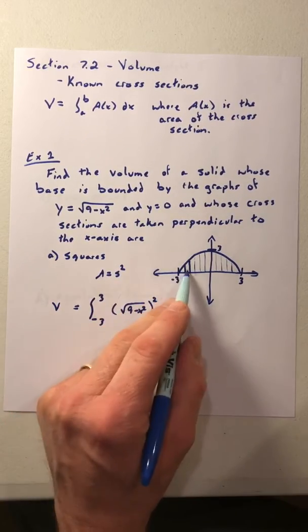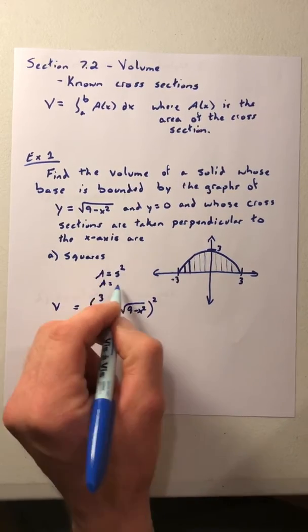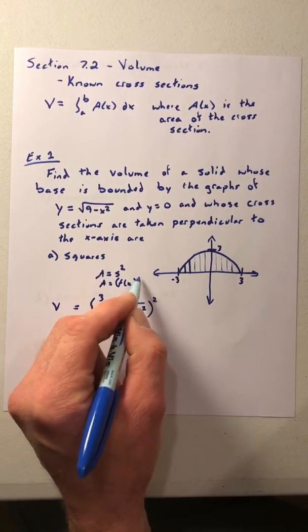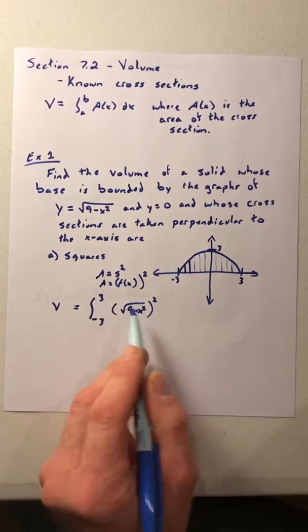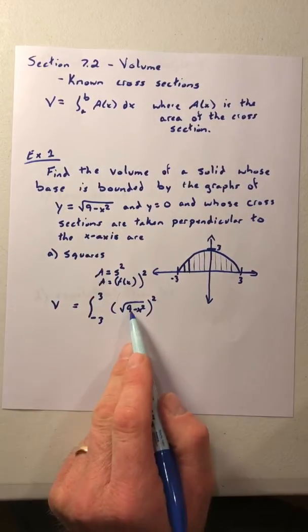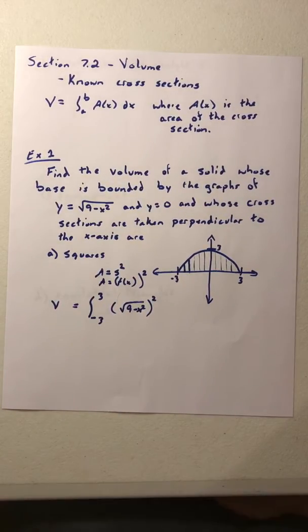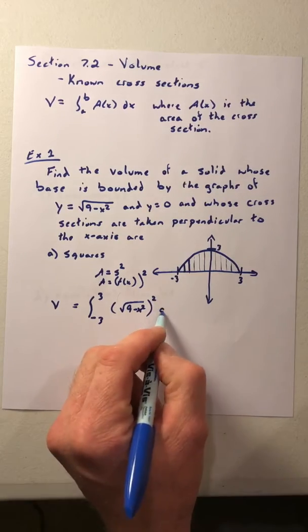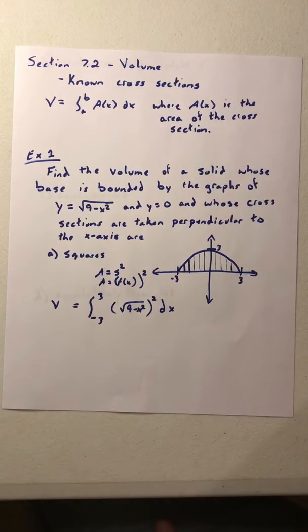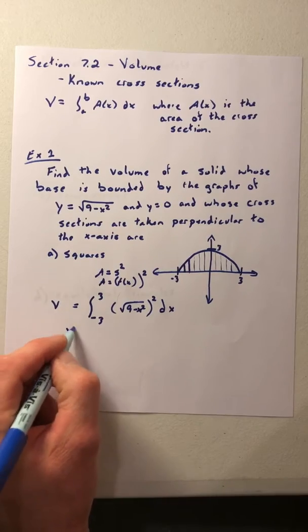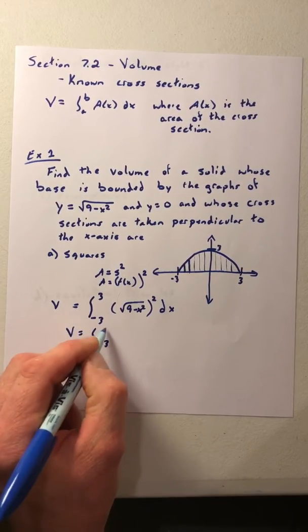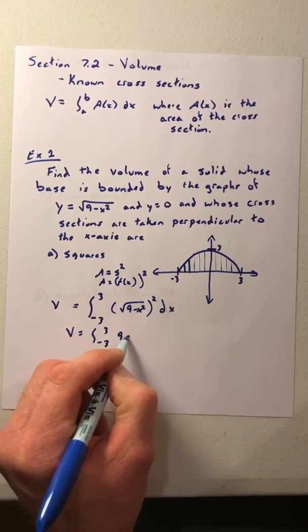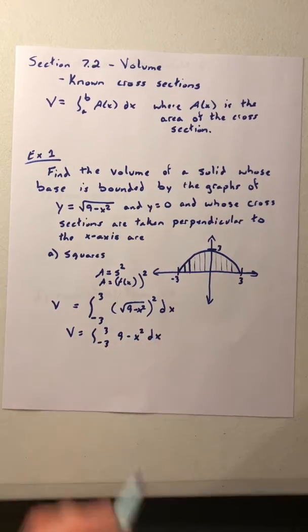My side in this case is my function, so my area is f of x squared, and f of x in this case is the square root of 9 minus x squared. I'm in my variable of x, so I can go and integrate this part. So I can integrate from -3 to 3 of 9 minus x squared dx.